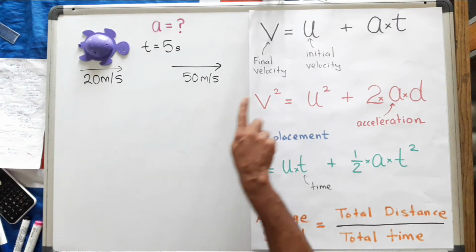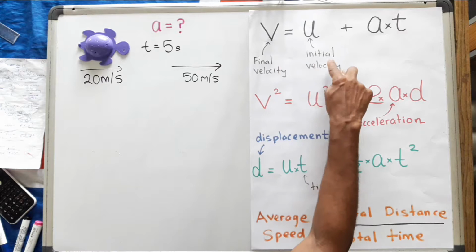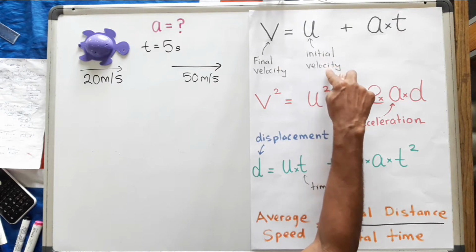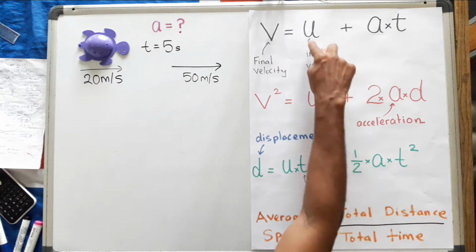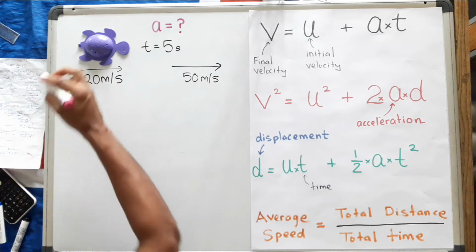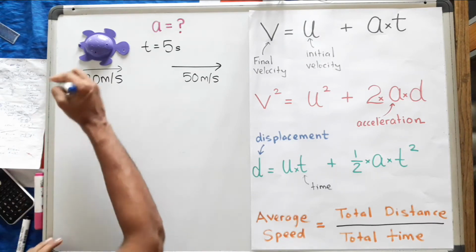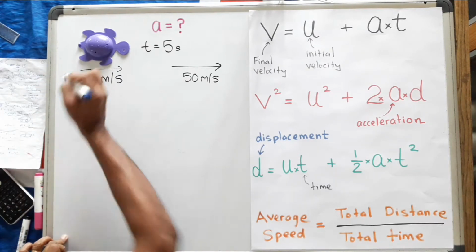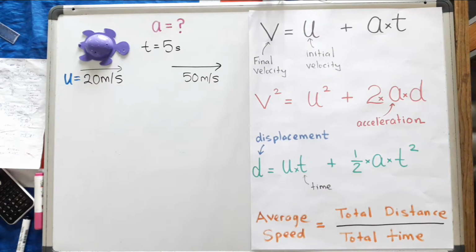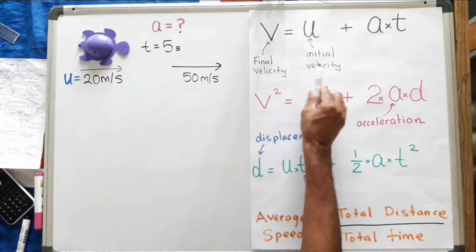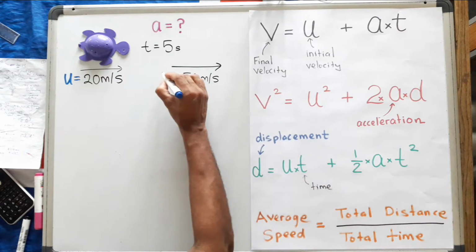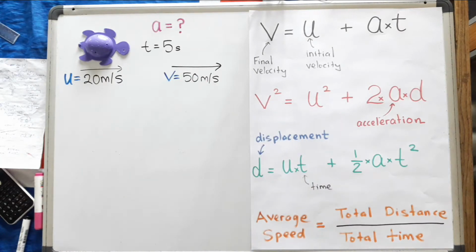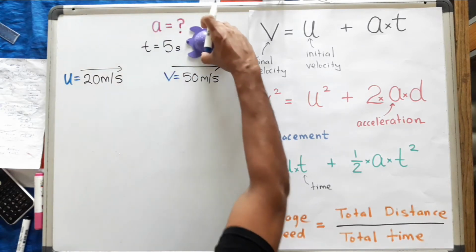The symbol for the starting velocity, the initial velocity, you always represent it with a U. So the initial velocity, represented by the letter U, is 20 meters per second. And the final velocity, you represent it with a V.